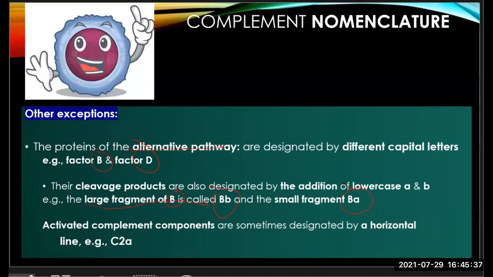Activated complement components are sometimes designated by a horizontal line. For example, this one is supposed to have this horizontal line here, but it's not commonly used in textbooks. I've only seen this one in Janeway.